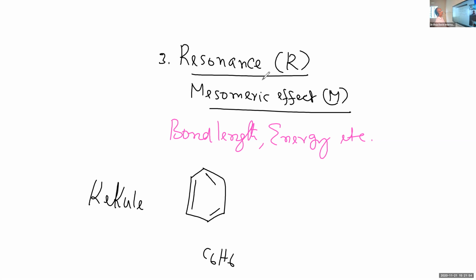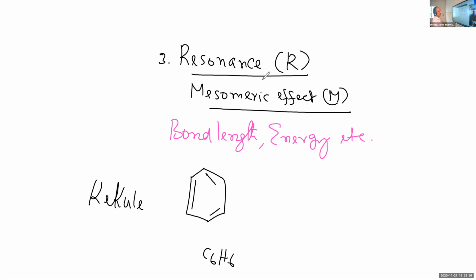Similarly, you measure the bond length. If there are carbon-carbon double bonds and carbon-carbon single bonds, then the bond length in benzene should be of two types: a carbon-carbon single bond length and a carbon-carbon double bond length.